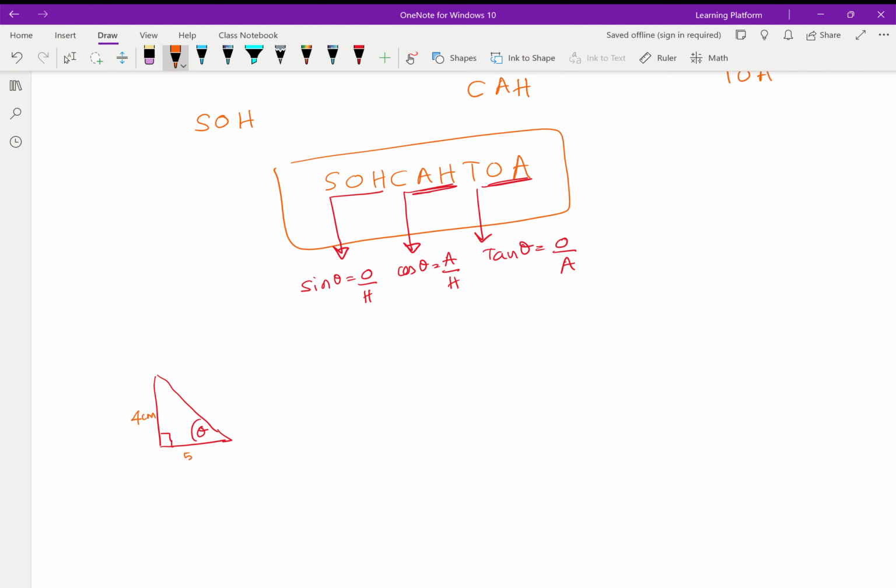This is 3 centimeters. Now I have two questions given here. Find the value of hypotenuse. The second question is find the below ratios.